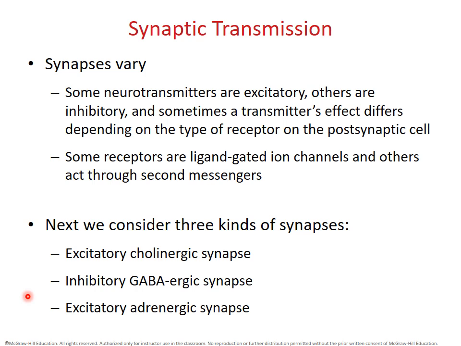So there are a variety of different kinds of synapses out there with different kinds of receptors acting in different ways in response to binding to the neurotransmitter. As a small subset, just to give you a sense of the variety of types of synapses that exist, we're going to talk about three very common types: the cholinergic synapse, the GABAergic synapse, and the excitatory adrenergic synapse.